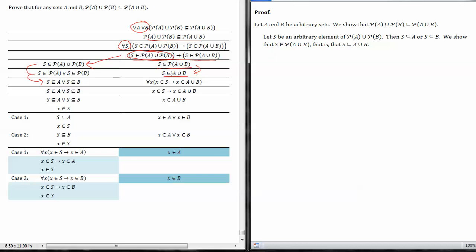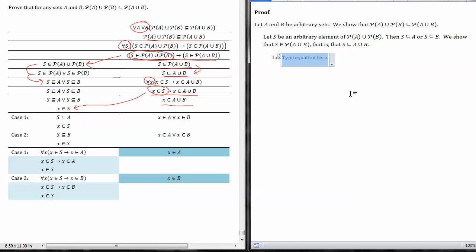And then we took the definition of subset here, and in order to drop this quantifier, we let x be arbitrary. In order to prove this conditional, we take x in S as a given, which leaves us with x in A union B as our goal.